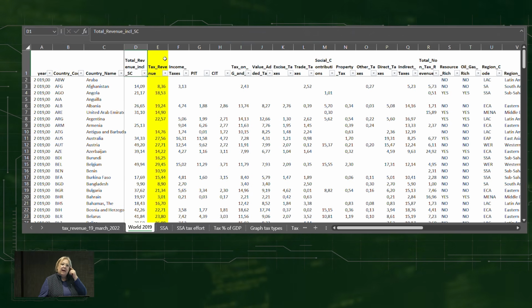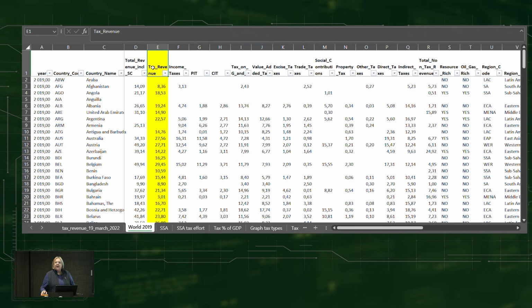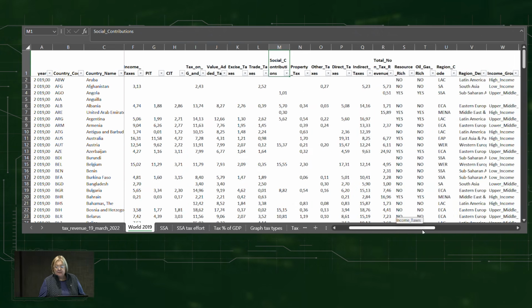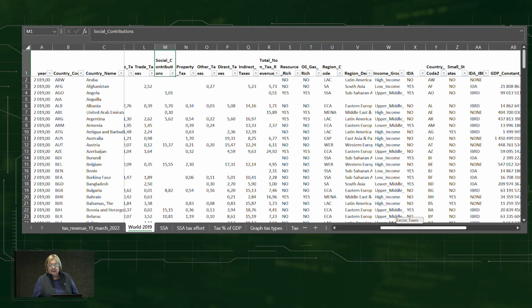Now you will see I've highlighted columns in yellow, and that is just because we're going to use tax revenue. For this example that I'm showing you, we haven't used the income taxes or the personal income tax. As we went through all this, it has just been put together for the whole world, all the data that we just went through for your country data. So just another way of looking at the data.